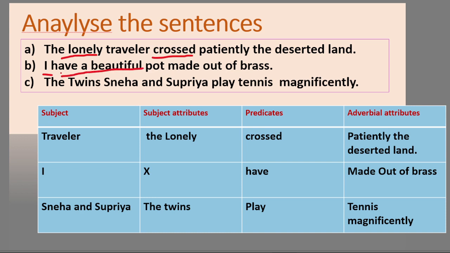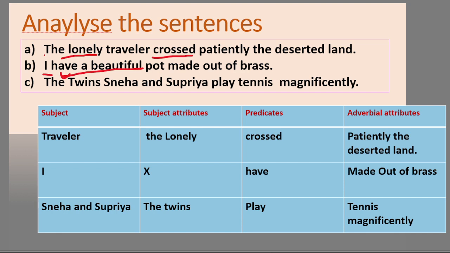Because we have a verb here, that is have. Have is an auxiliary verb. So I is standing alone here. There is no other word describing I or telling us the quality of I. So there is no subject attribute or descriptive subject word in this sentence.